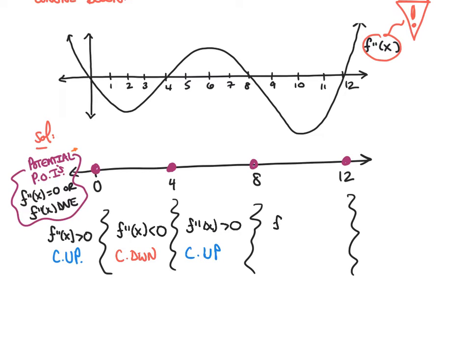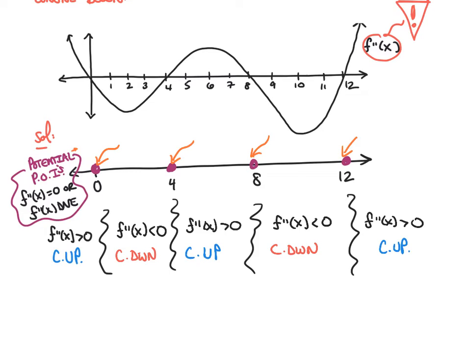Then on this side, we have f double prime of x less than 0, so this is concave down. And to the right of 12, f double prime is positive. They're positive y values, and that's going to be concave up. Okay, so notice that you get a change of concavity at all of these points.